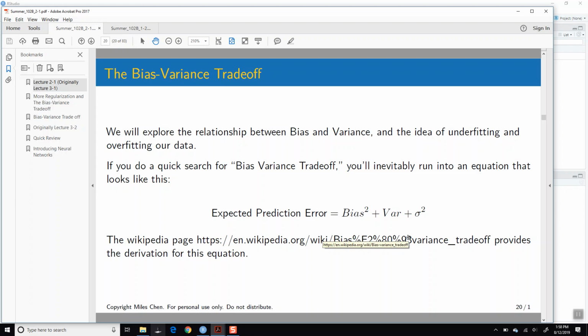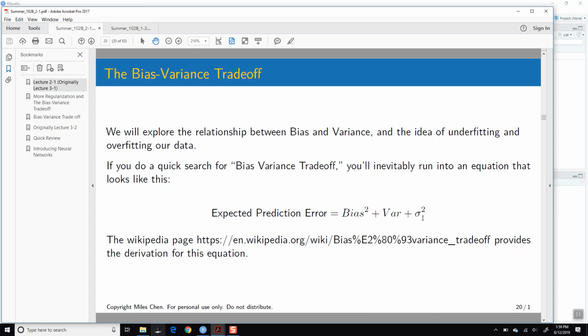But it turns out that the total expected prediction error is going to be a combination of the squared bias, so how far off your coefficients are from the true values, or the bias of the model, plus just the variance of the coefficients, because sometimes your coefficients are too big or too small depending on the random data set that you get, and just the squared error, which is just the error that exists in the population that you can't get rid of, right?